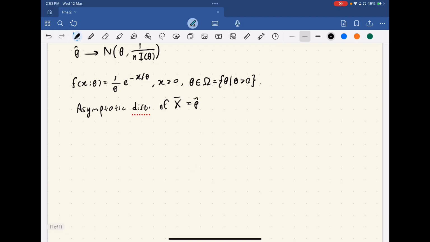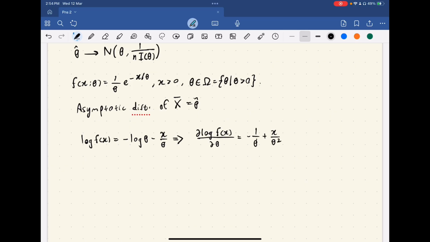The way we do it is simple. We just do it like this. Okay. First, we take a log. So when we take the log, we will have negative log theta minus x over theta, right? And then differentiate this with respect to theta. So what we have is negative 1 over theta plus x over theta squared.